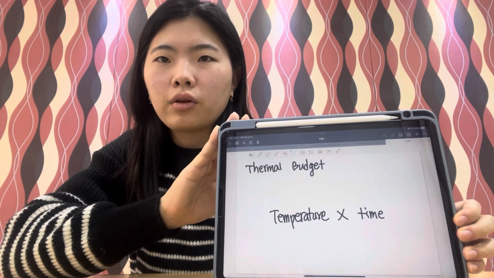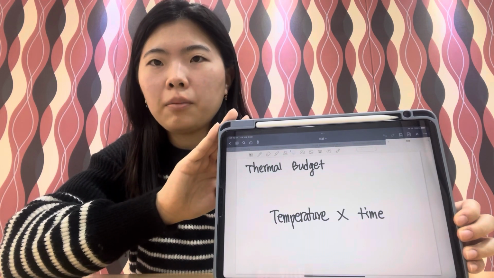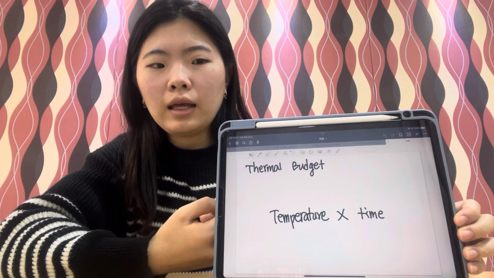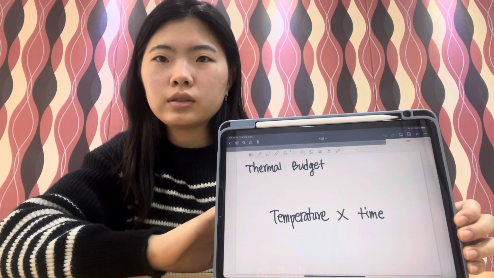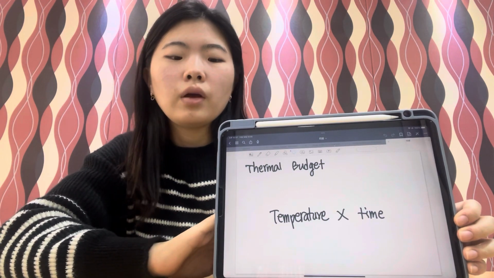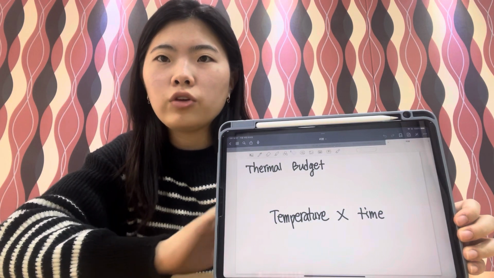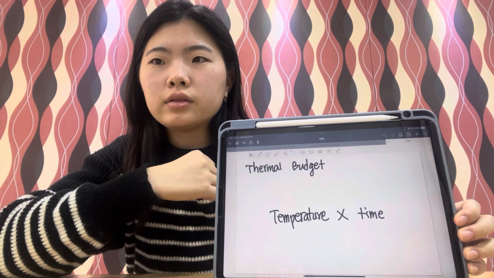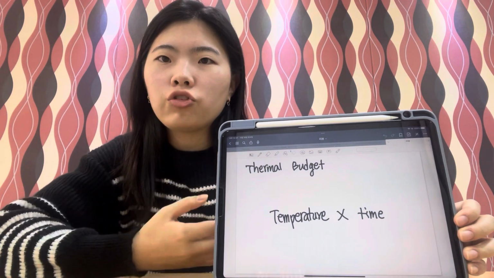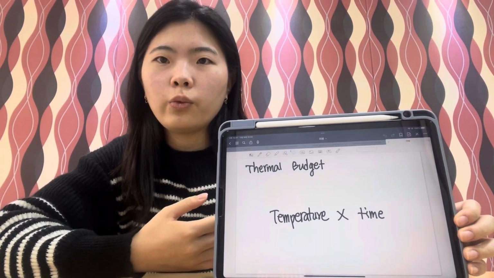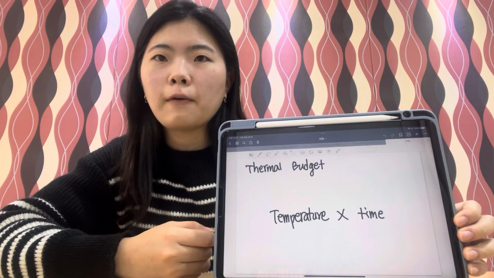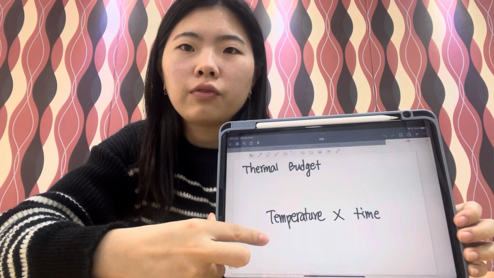This is a very important concept of doping, because when we put some heat on the silicon or material, we should consider the thermal budget and decide how much heat we will put to the material. So thermal budget is very important.